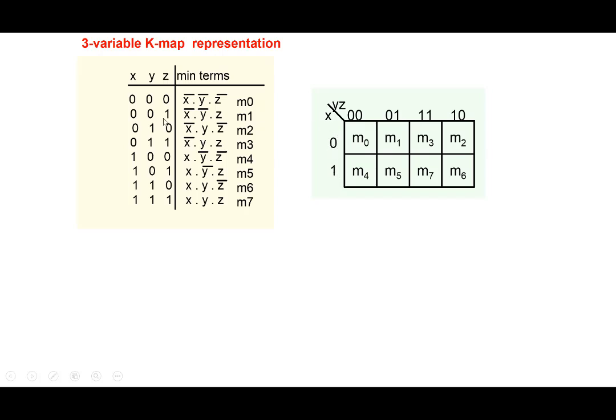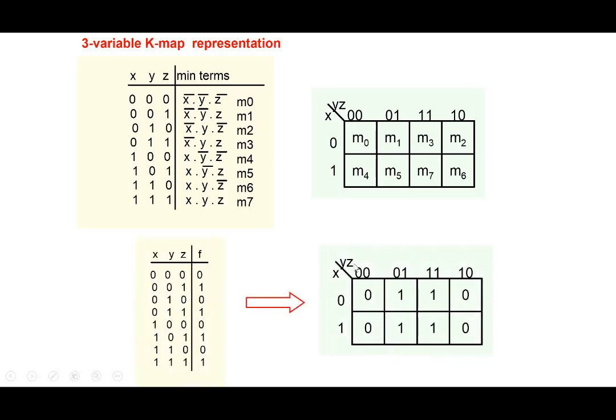So anyway, a 3-variable function could be represented in this form, x, y, z, and these are the values. For example, if you have a truth table like this, we can represent it in a Kmap like this. So 0, 0, 0 here, this is 0. When x is 0, yz is 0, 1, so we put 1 here.